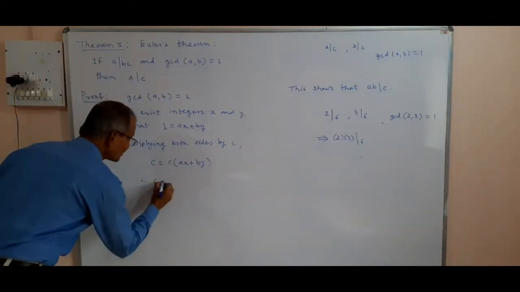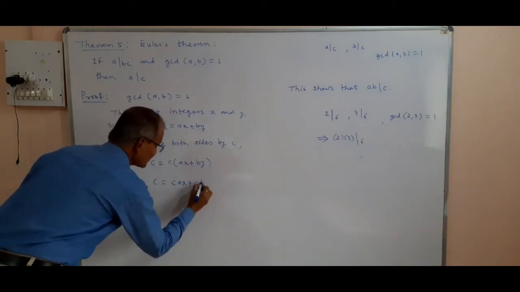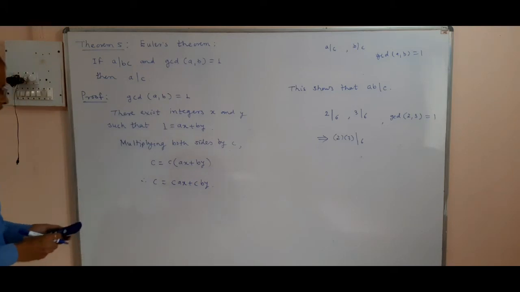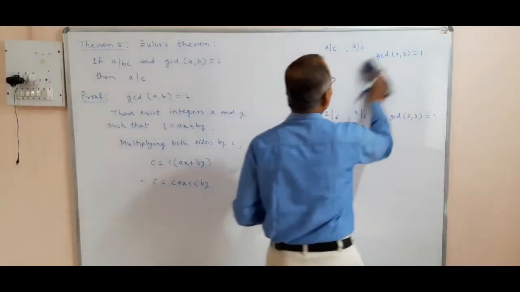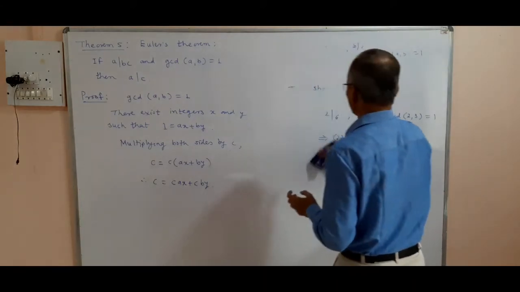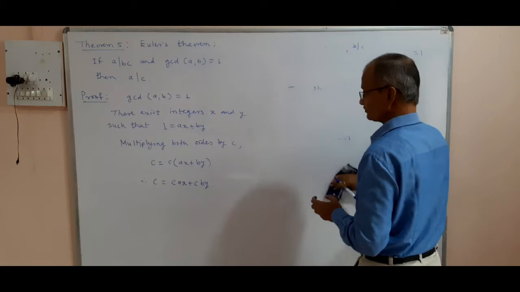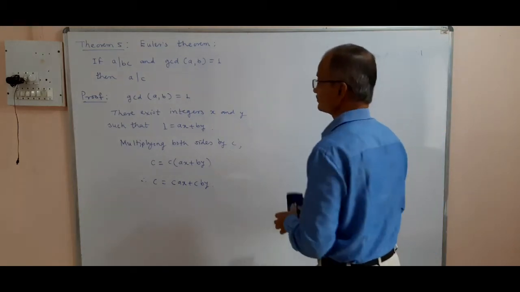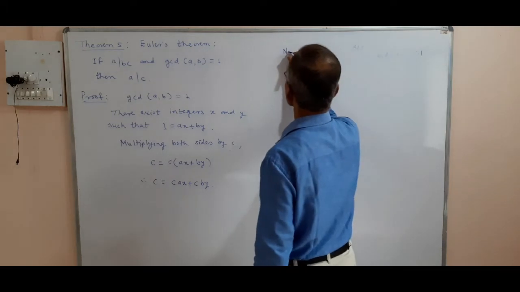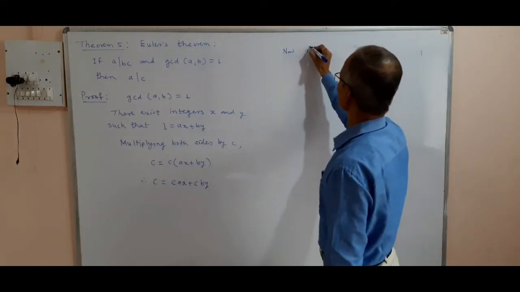Therefore, C is equal to Cax plus C into by. And we want A as common now. Now we have A divides AC. Now you see, A divides AC.